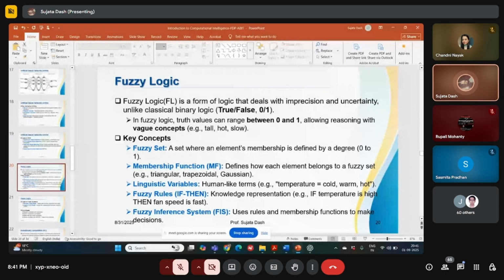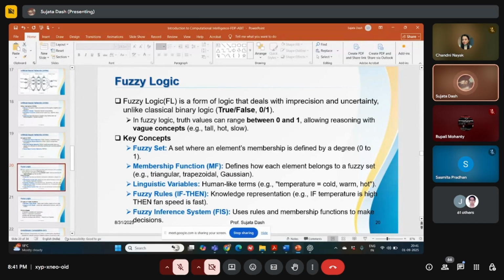Values in between, suppose 0.5 or 0.2, 0.8, show partial membership of the element. For example, taking tall people, a person with 170 cm height might have a membership of 0.5, while a person who is 190 centimeters may have a membership value of 0.9.